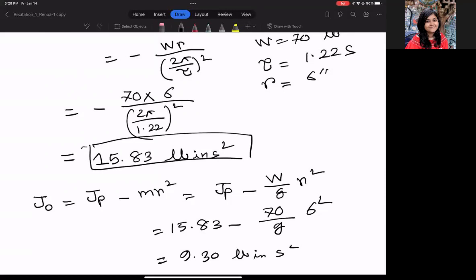Oh, so here the G would be equivalent to, in inch per second, 386 inch per second square.